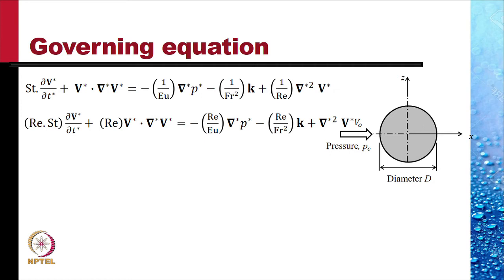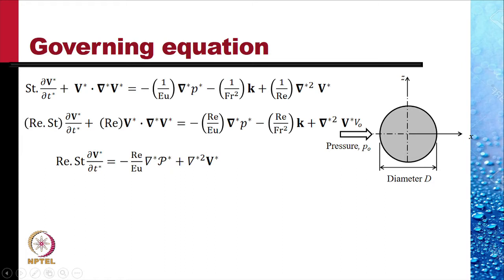Now, in this equation, the coefficient of the convective acceleration term is Reynolds number, and if the Reynolds number is very low compared to 1, this term can be neglected, at least in comparison with the viscous term. And if we neglect it, the resulting equation is this.